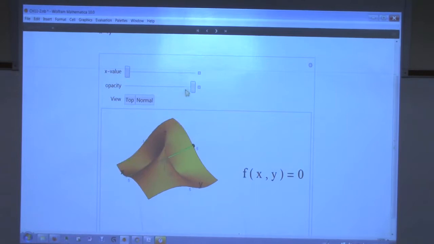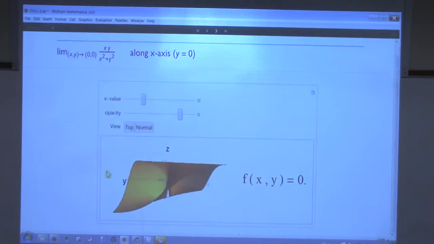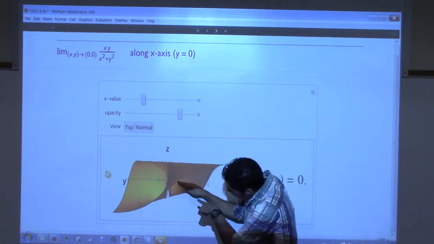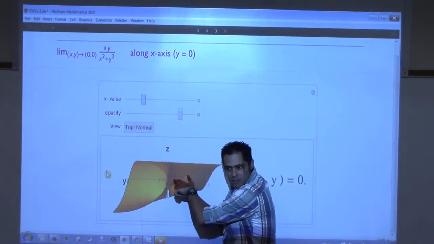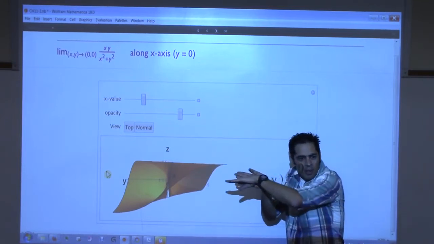So let's come in along the x-axis. There's my x-axis coming in. Notice that we're just running along the edge of this graph. Along the x-axis, there's this dip in the function, and we're just running along this edge, and our z value is always constant through that.